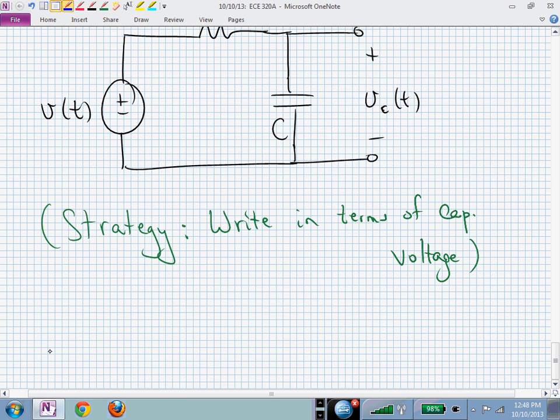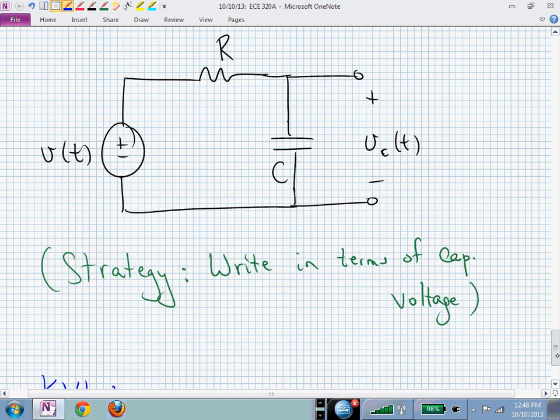So if that's what we want to do, what's KVL give to us? If I start down here and I march around that mesh, I only have a single mesh.